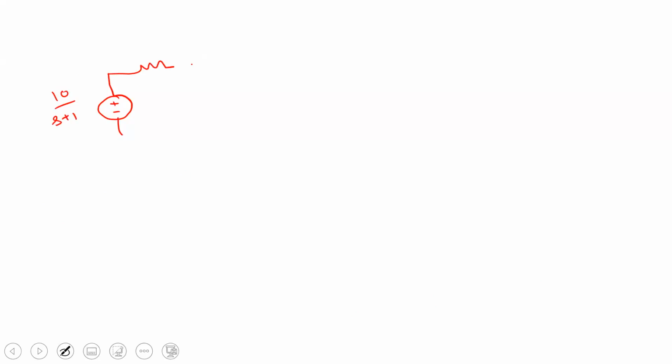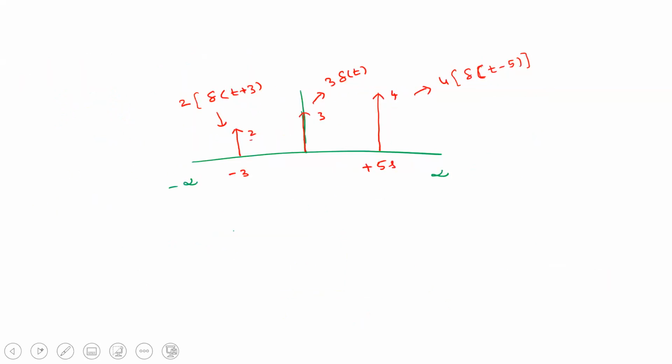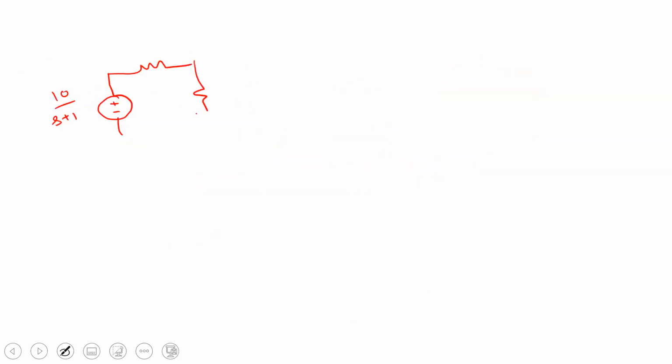We have a resistor, followed by another resistor. Both are 10 ohms. Next we have a capacitor. What is the best way to represent it?